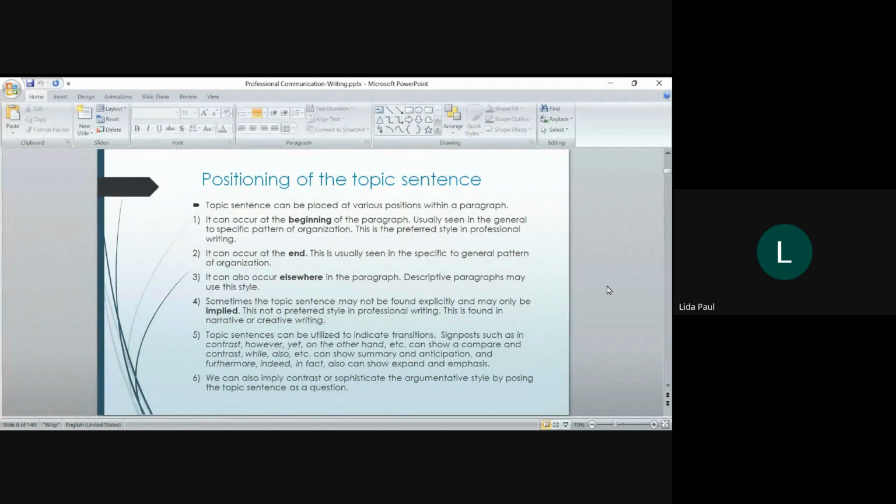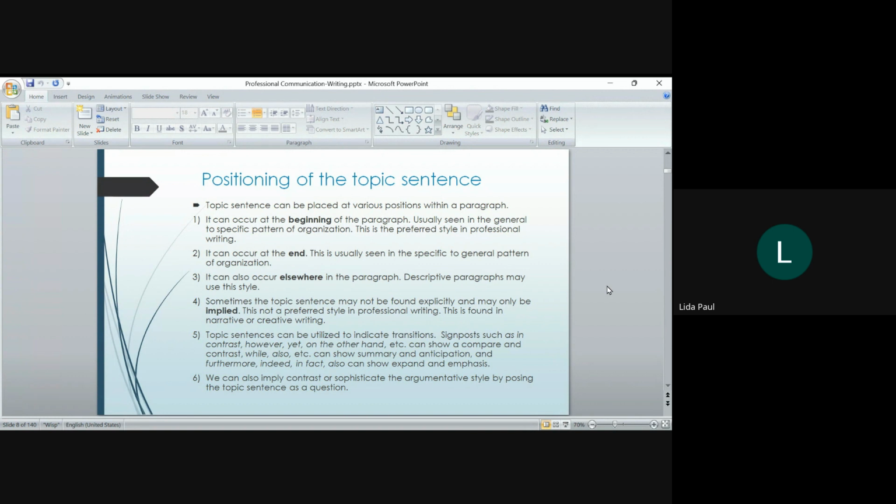But in any other forms of writing, say academic writing or technical writing, you cannot skip it, but you can choose where to keep it. I'll show you examples of the various placements of the topic sentence.